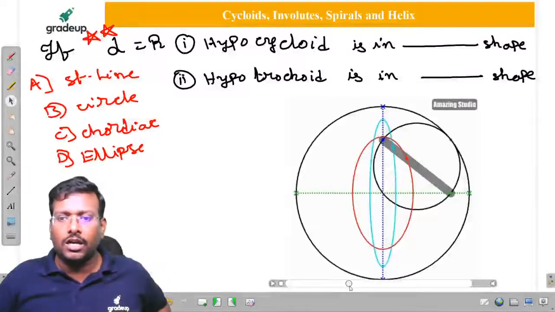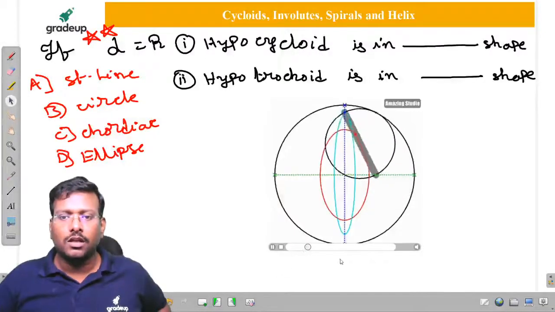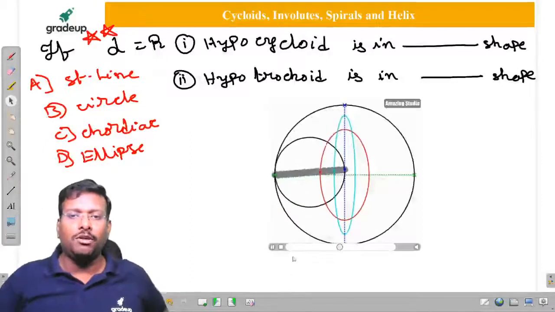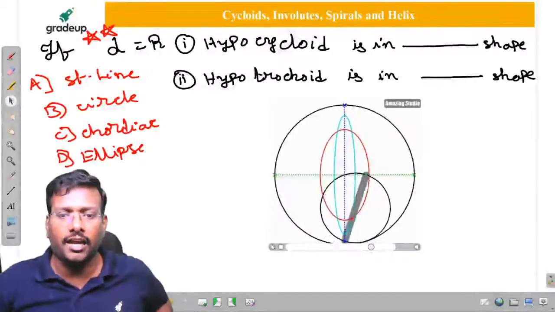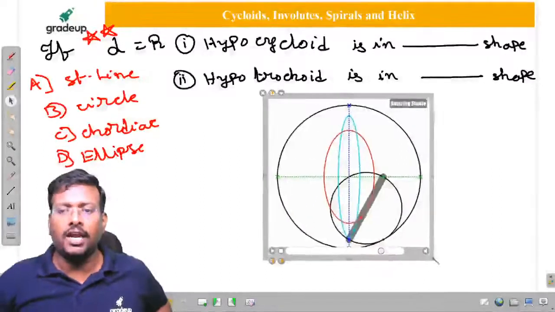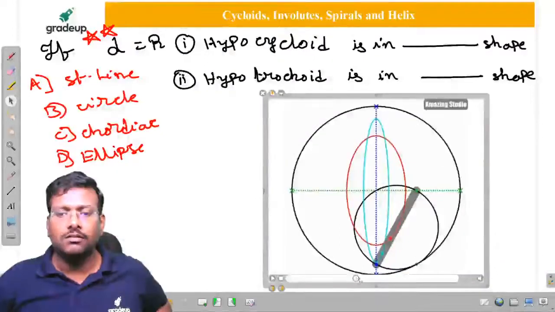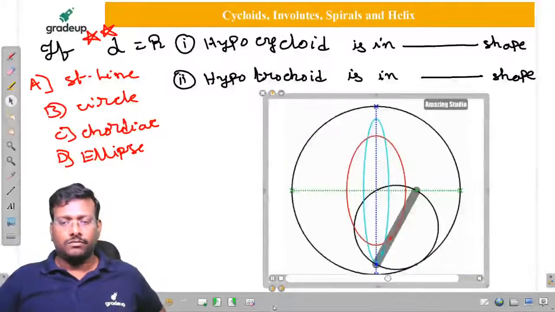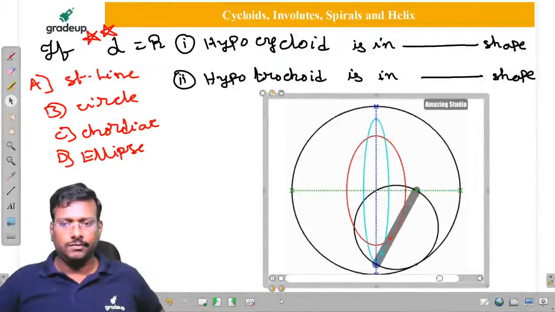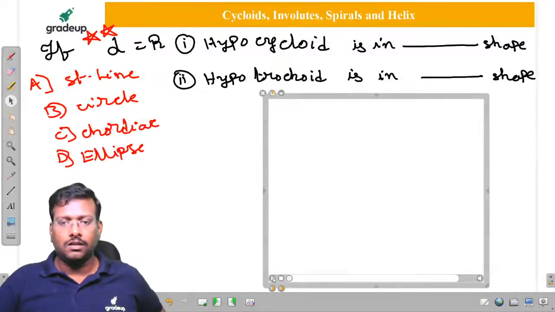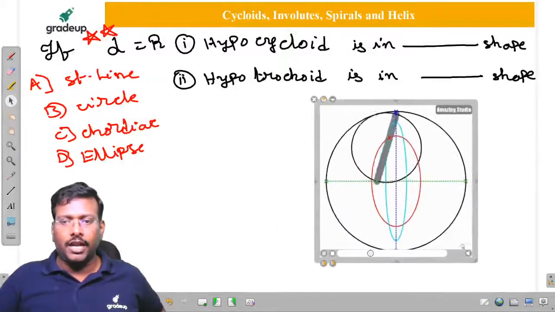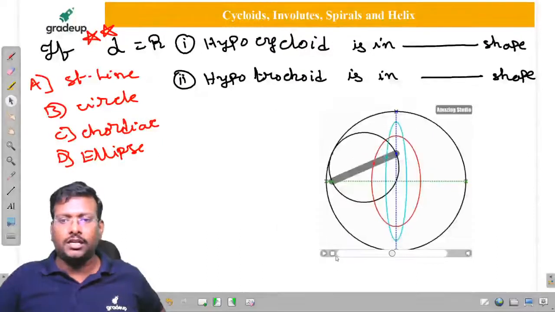So whenever it rolls, what shape do we obtain? Just observe. Green and blue can generate a straight line.